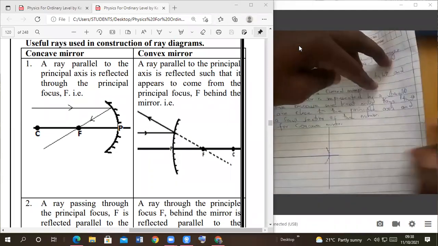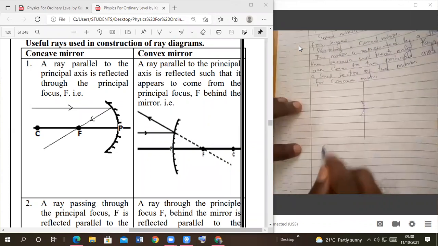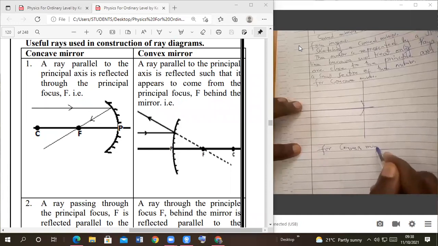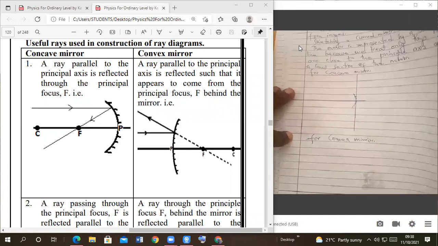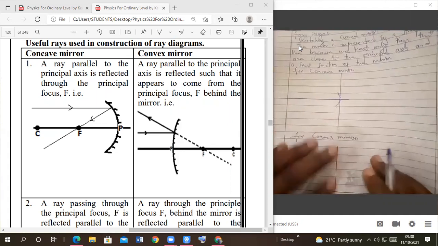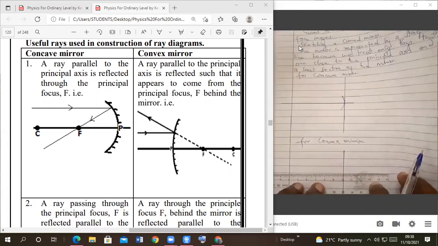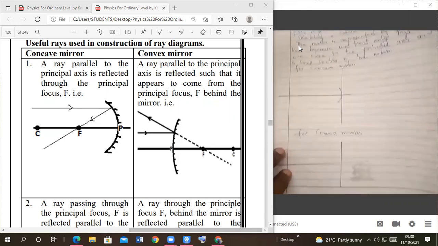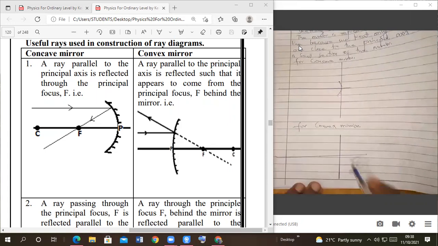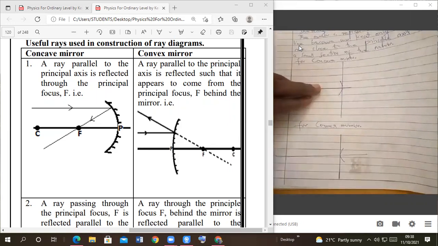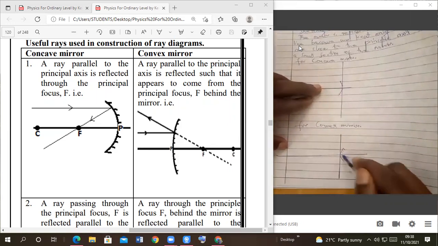Then for convex, we also do the same. We draw a line. This line is representing the mirror. Then we draw the principal axis. For concave, I put it like this, which means the object is this side. Then we shade inside because we know that it's curved inwards like that.